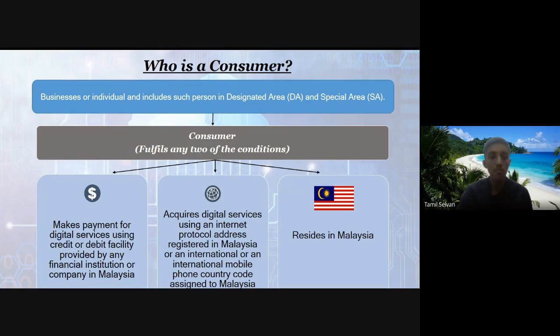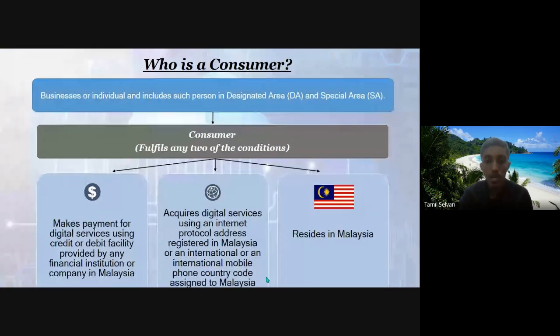First, that person makes payment for digital services using a credit or debit facility provided by any financial institution or company in Malaysia. Second, that person acquires digital services using an internet protocol address registered in Malaysia or an international mobile phone country code assigned to Malaysia. Third, that person resides in Malaysia.